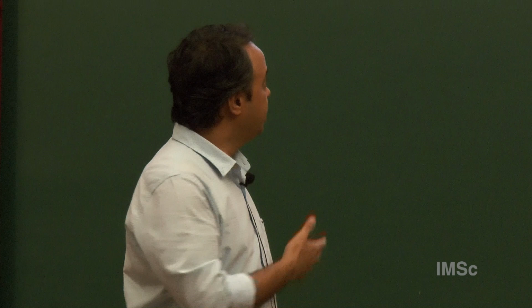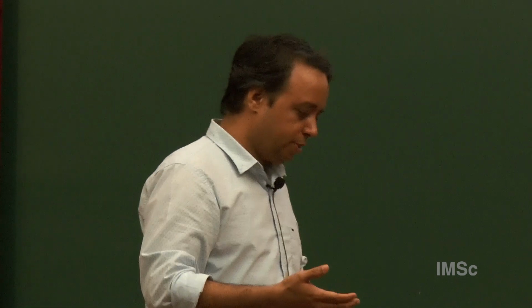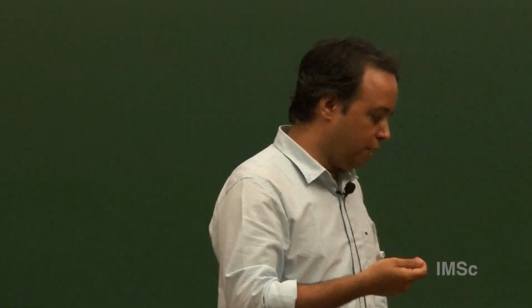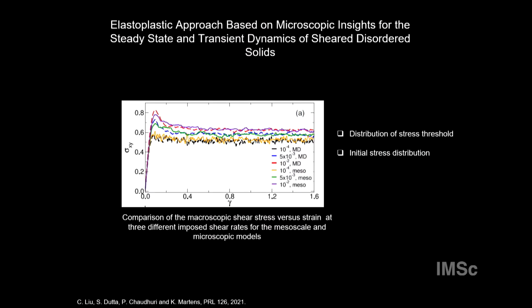Here, in this simulation, they did MD simulations, and from the MD simulations they determined the threshold values for failure. That was one of the inputs. They also looked at the initial stress distribution, and provided the same stress distribution as the initial condition for the lattice models.